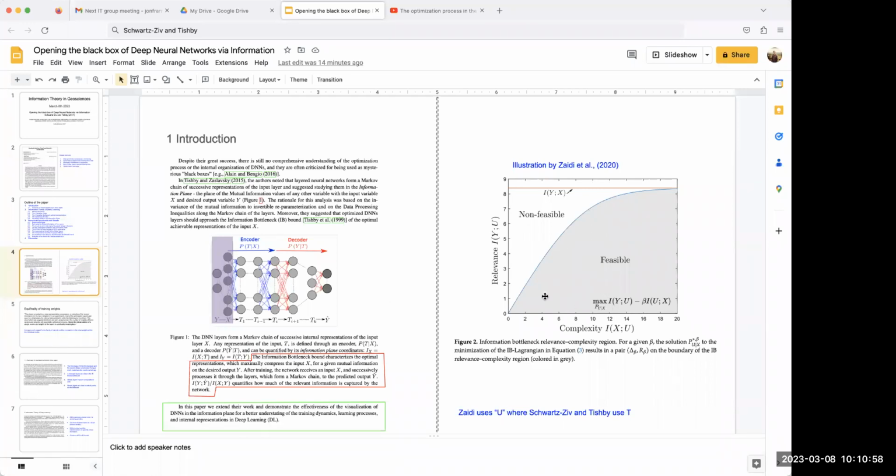So what this is saying is that you can compress the input data through the model U into a minimally representative set of weights that are then used to make the prediction of Y. So this is the information bottleneck.